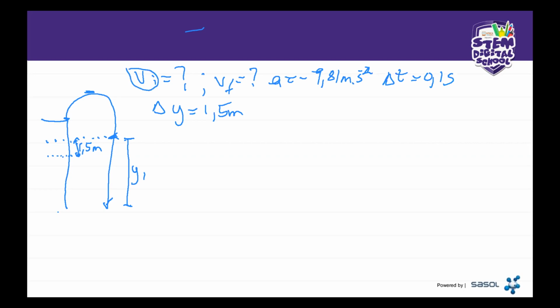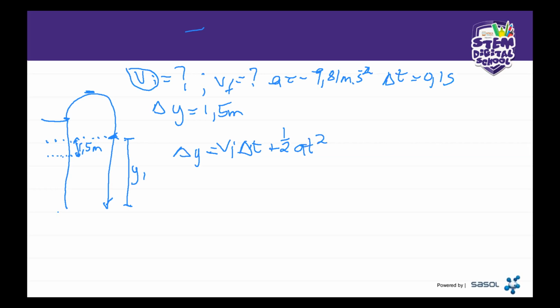So how are we going to find this one? Here we're going to say the change in y is equal to vi change in t plus a half a t squared.